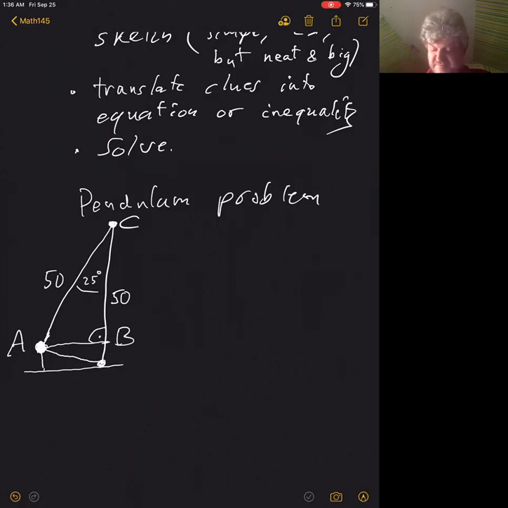One angle is 25. We still need to give a name to the quantity that we want to actually find. How about X? So X is that little line segment down here. I'll also give that point of the pendulum, the tip of the pendulum in rest position, a name, call it D.